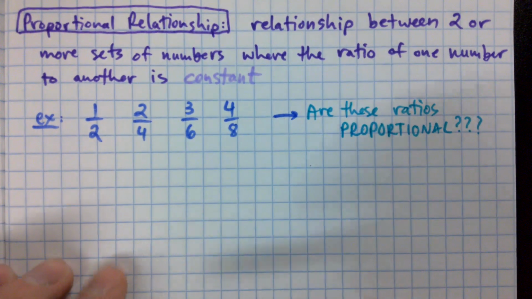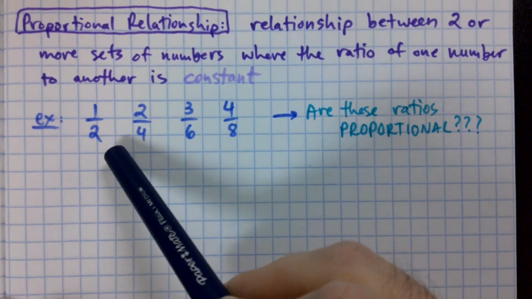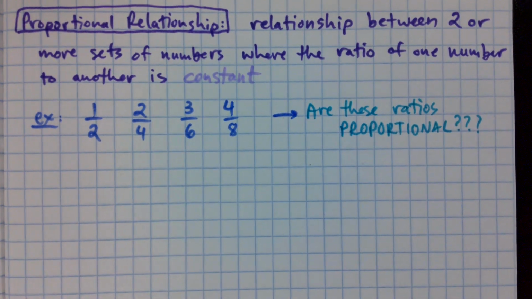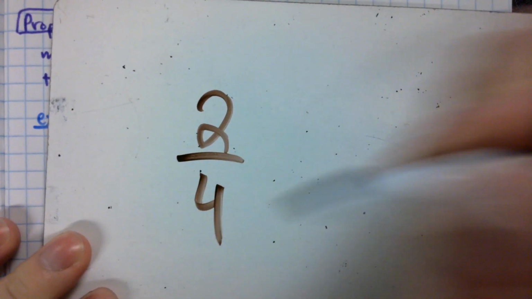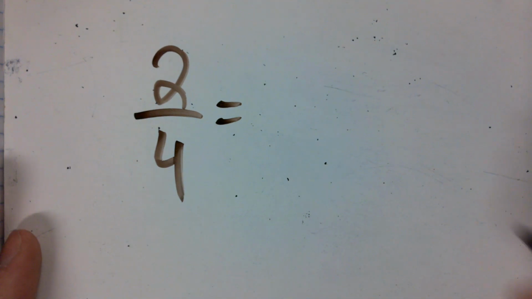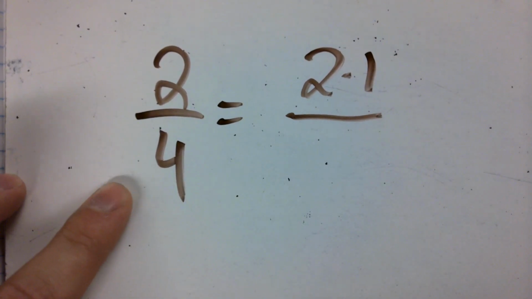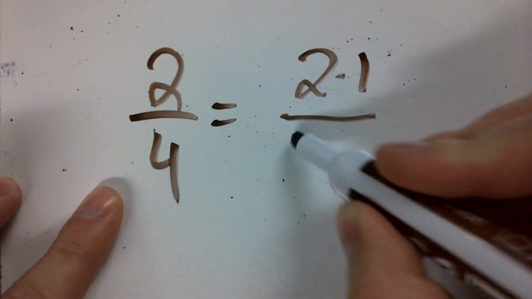So let's break this down. If we have 1 over 2, and we have 2 over 4. Let me grab a whiteboard, actually. If we had the fraction 2 over 4, and we break this down like we did in the last unit, 2 times 1 over, what two numbers multiply to give me 4? 2 times 2.